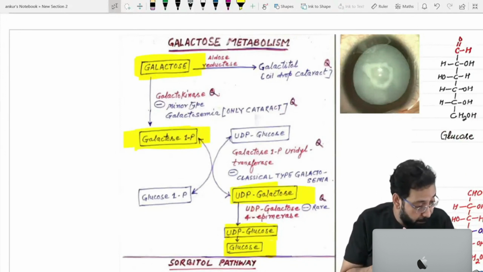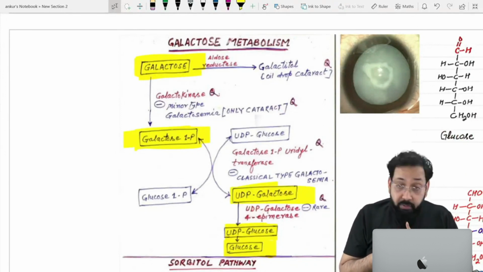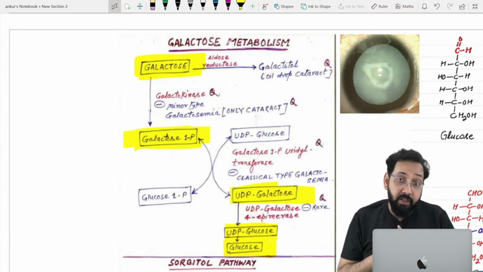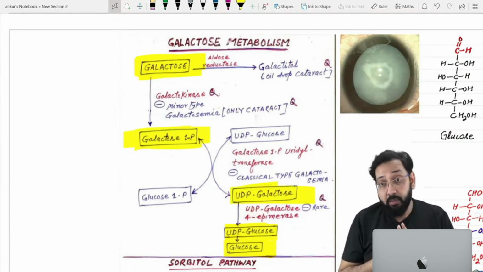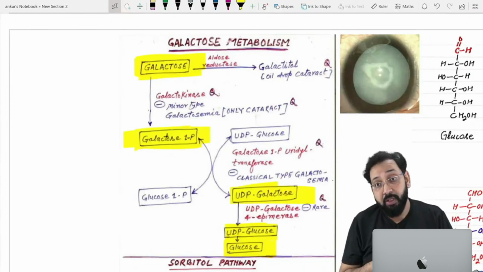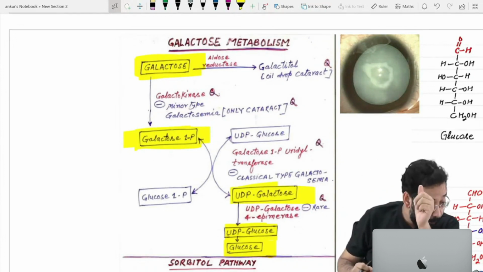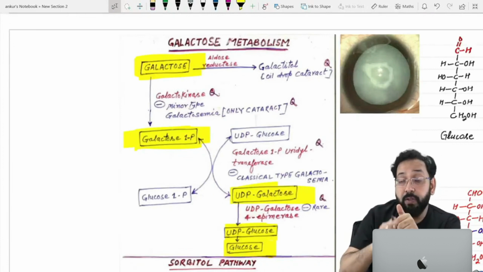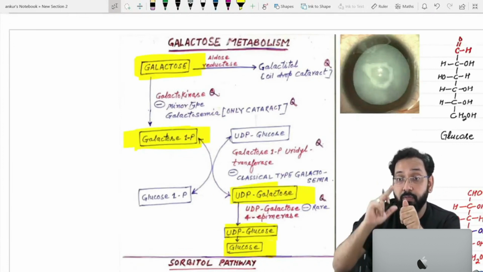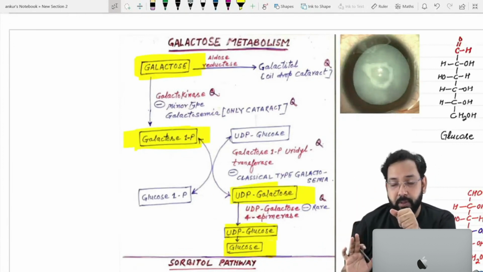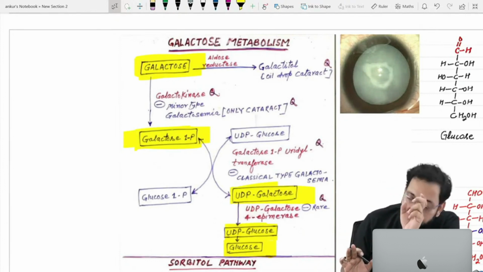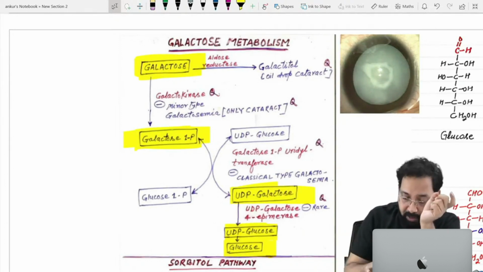Question was asked and you will tell me the answer. When this question was asked, that question was considered to be a galactose metabolism question, but exactly the question was on epimerism. Let me show you. Which of the following enzymes is not involved in galactose metabolism?